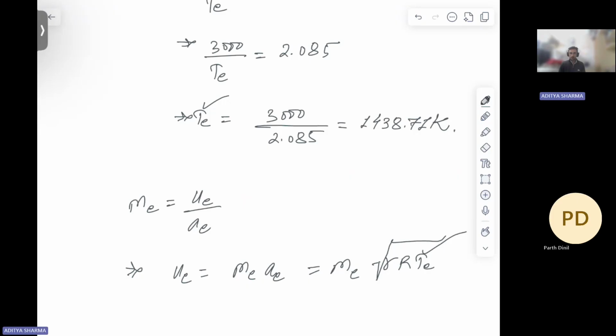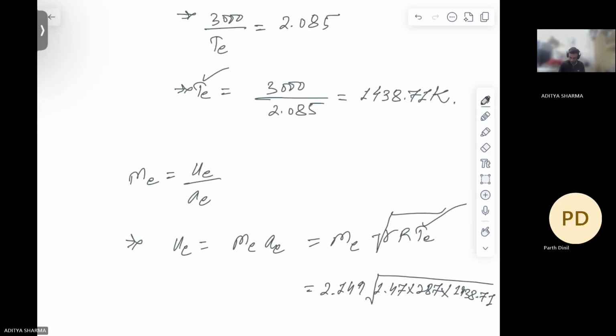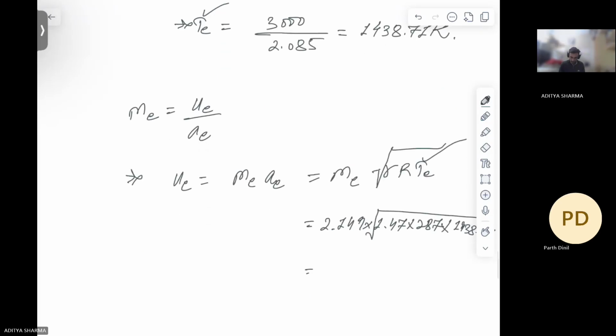So from here we can get the velocity. 2.149, 1.47 into 287 into... now if we calculate this, this will come out to be 1674.25 meters per second.